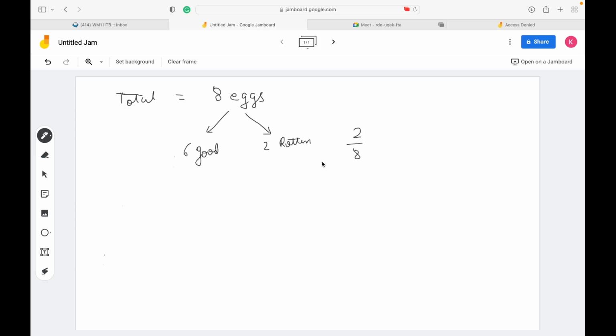Then after removing this first one, there will be 1 rotten egg remaining, and a total of 7 eggs. So now the probability that the second one is also rotten will be 1 by 7. So this is the answer.